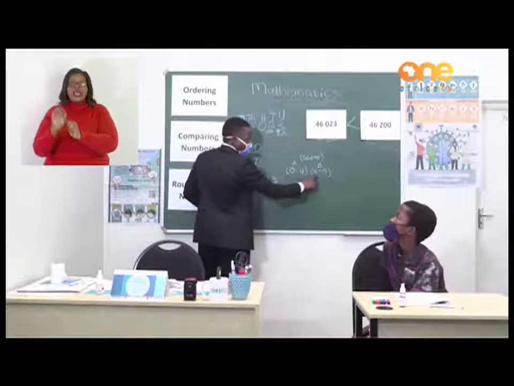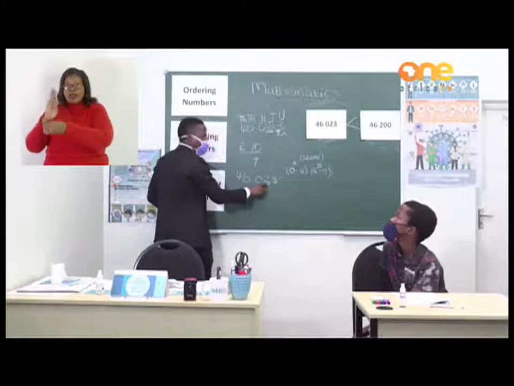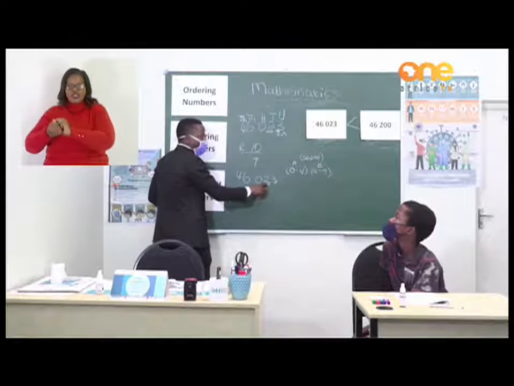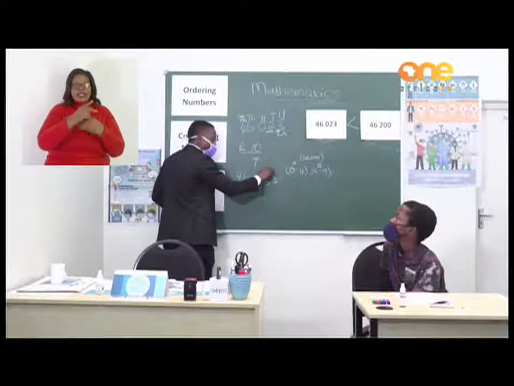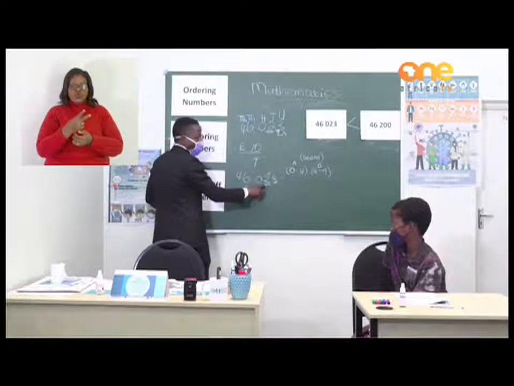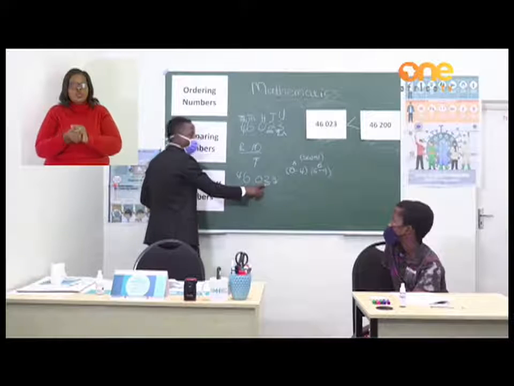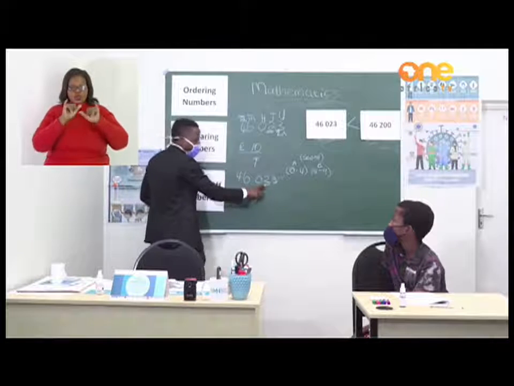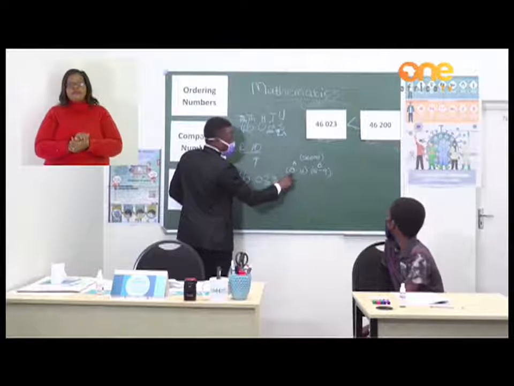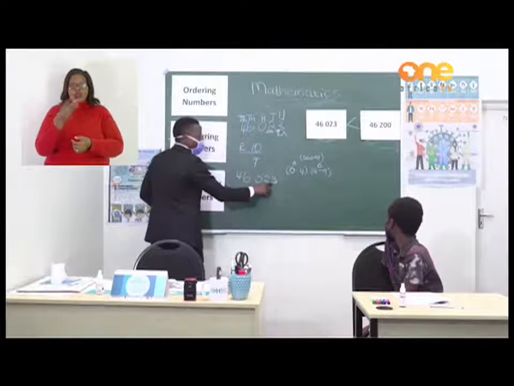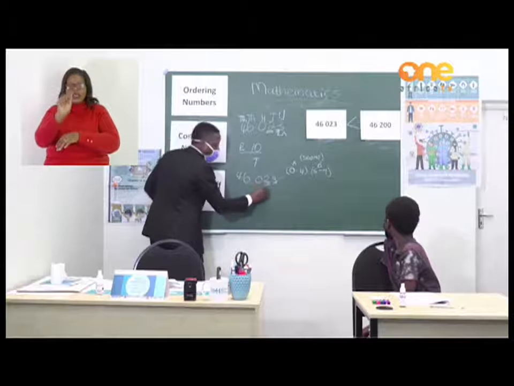If 3 falls in this category, it will change 2. By how? By adding 1 to 2. But if it cannot change 2, 2 will remain the same. I can see that 3 falls in this category. So 3 cannot change 2.